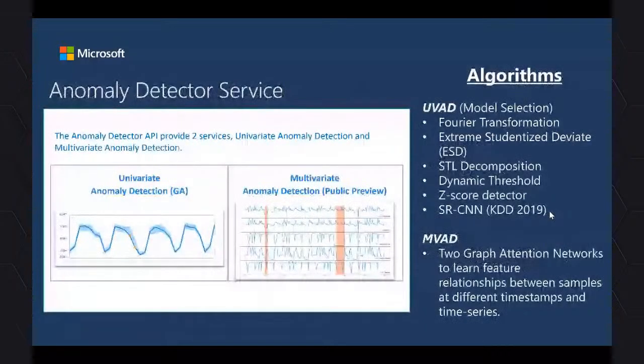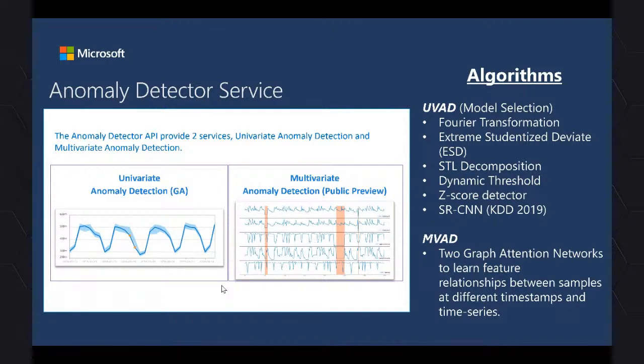And next, I will give you an overview of Anomaly Detector service features. Within the Anomaly Detector APIs, we provide two features, or you can say two services. The first one is univariate anomaly detection. And the second one is multivariate anomaly detection. I believe most of you have already noticed the difference between these two features, right?